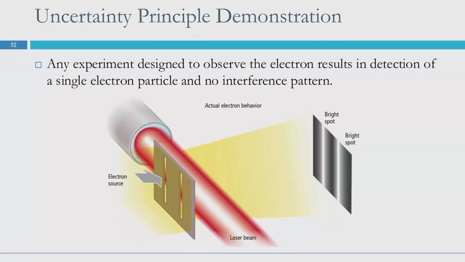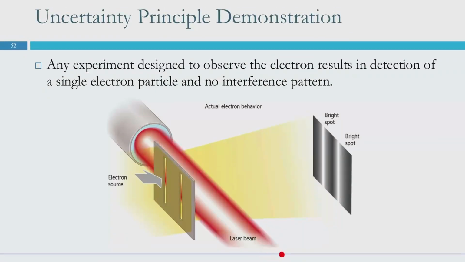And there's this experiment that you can do where you shine a laser beam across where electrons are flying through, and this would give you some information about their particle behavior. So if you shoot an electron source through, you'll see bright spots, bright lines. You're not going to see the interference pattern.